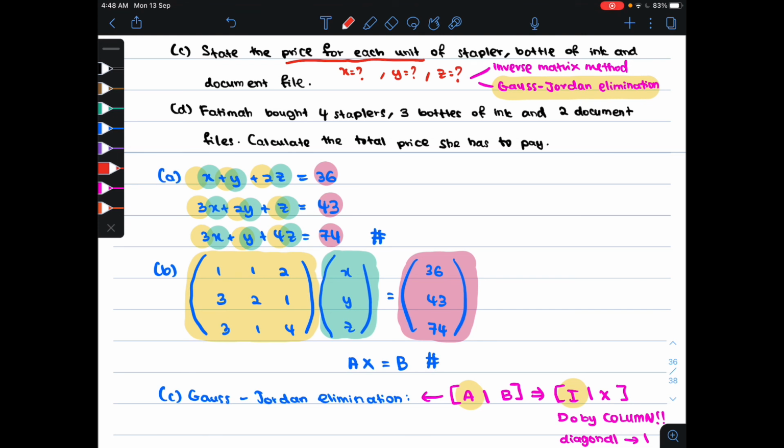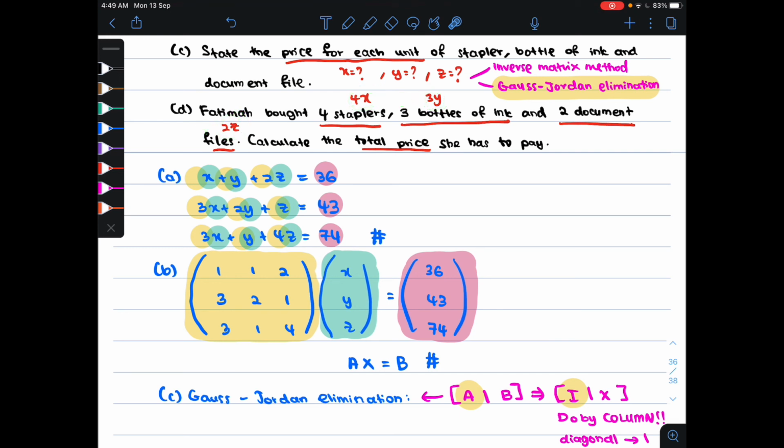For part D, Fatimah bought 4 staplers. This means that we have 4X, 3 bottles of ink means it is 3Y, and 2 document files means that it is 2Z. So, calculate the total price she has to pay. So, tadi kamu dah cari dah nilai X, Y dengan Z. So, just substitute into 4X plus 3Y plus 2Z.